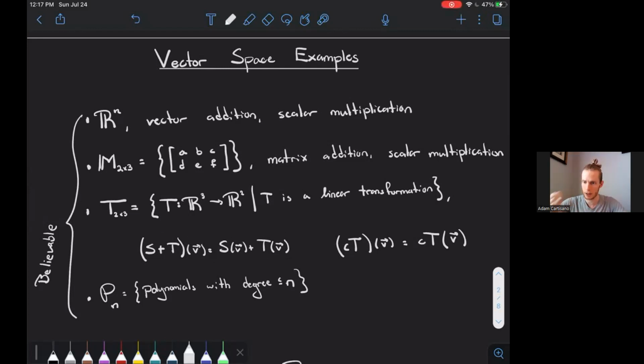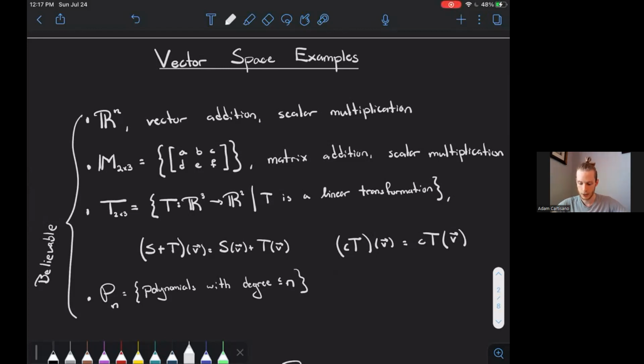Similarly, if I wanted to scale a vector in this space, which is like scaling a linear transformation, what I'm really doing is I'm taking that rule of assignment and scaling its output by whatever that scalar is. Okay, that's how vector addition and scalar multiplication are defined.